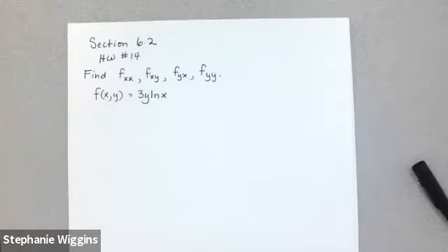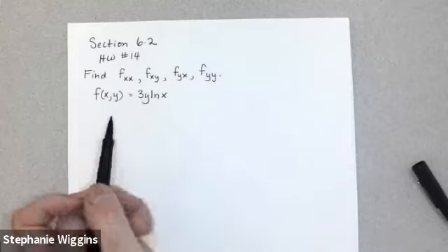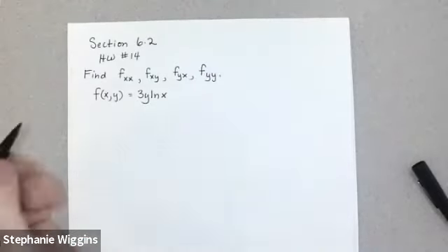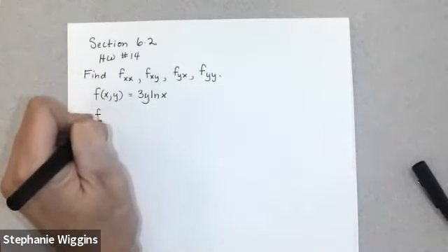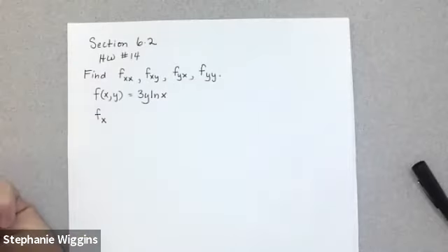Now what it means to differentiate with respect to a certain variable is that you hold the other variable constant. So you treat it just like if it were a number like 3. So when we're differentiating with respect to x, so the first time, here's my function, I'm going to differentiate with respect to x.